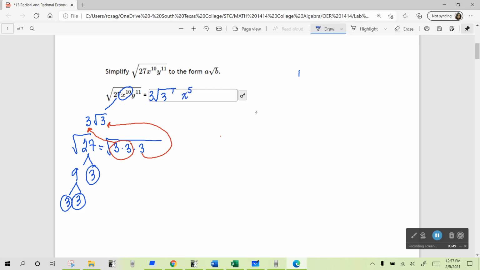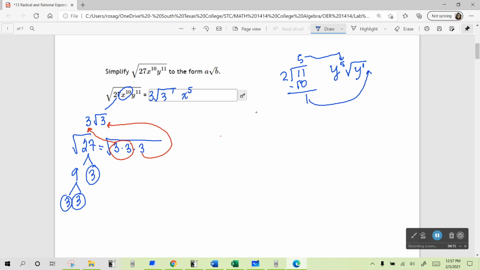But 11 divided by 2, how many times does the 2 fit into 11? 5. 5 times 2 is 10, and you're left with 1. So your answer will be y to the 5th, and then 1 y, because this is a remainder, 1 y stays inside.